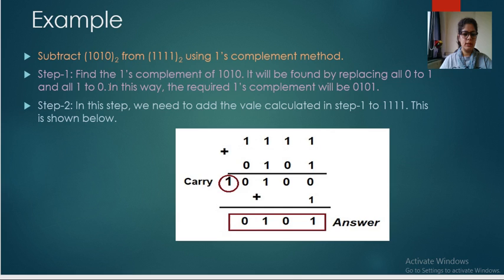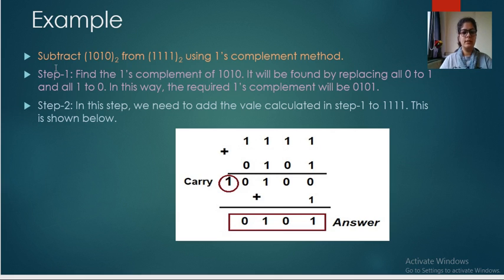Okay, so let's start with this method. We have to subtract 1010 from 1111. This is the smaller number. So first of all, we have to calculate the ones complement of this number.